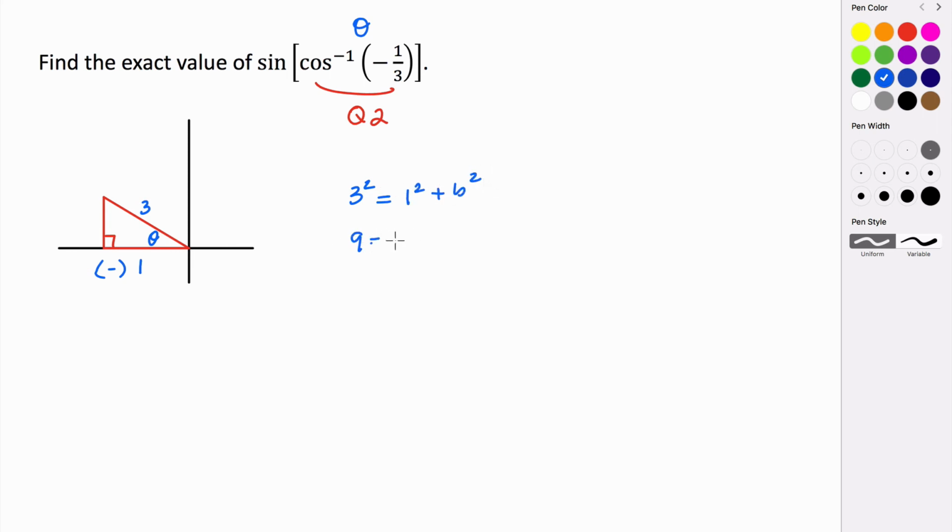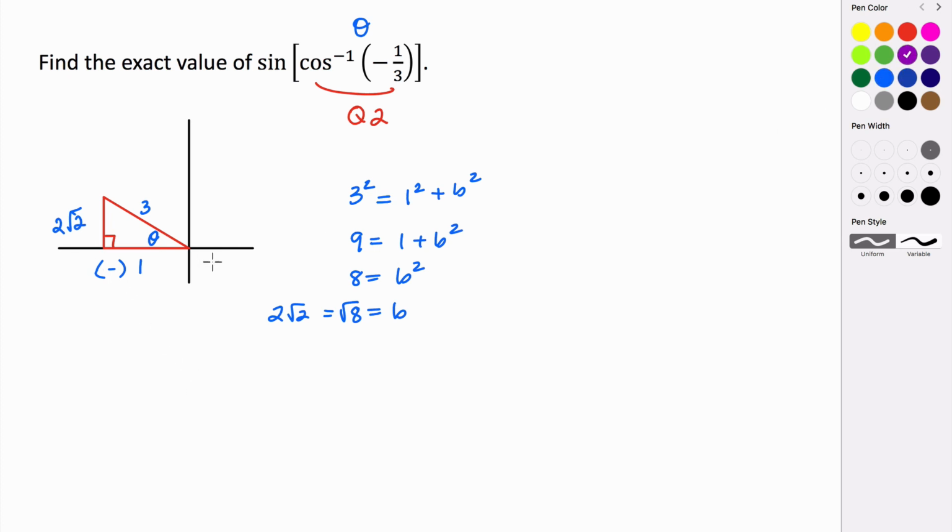So 9 equals 1 plus b squared, so b squared is equal to 8. Take the square root, and we get that b equals the square root of 8, which is 2 root 2. So this value here is 2 root 2, which we know should actually be larger than 1. But again, this triangle is not drawn to scale.